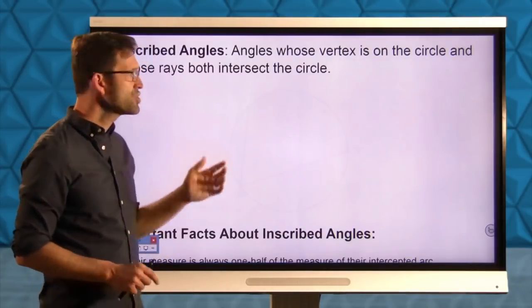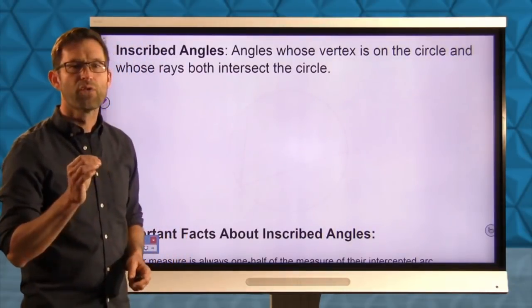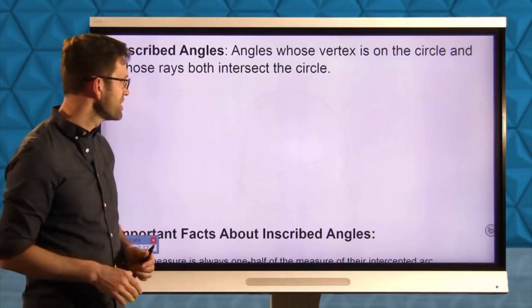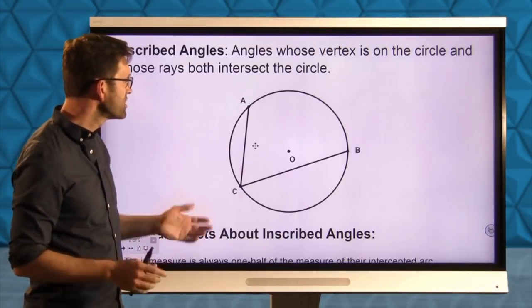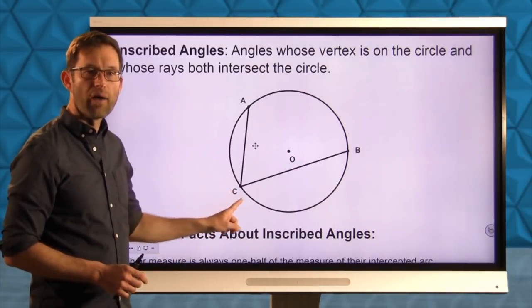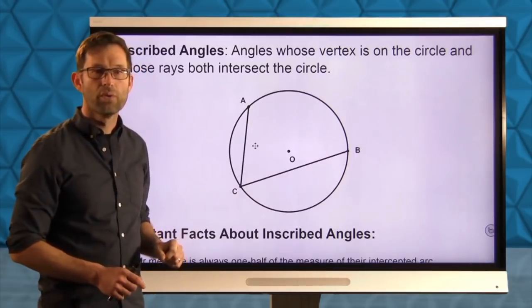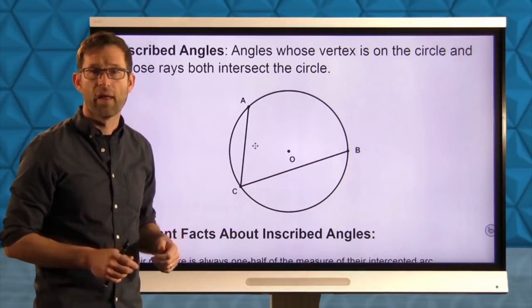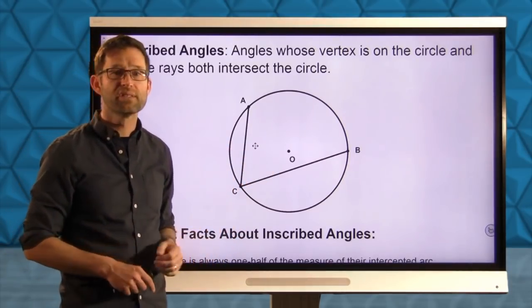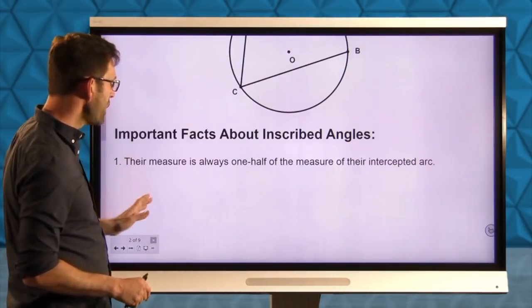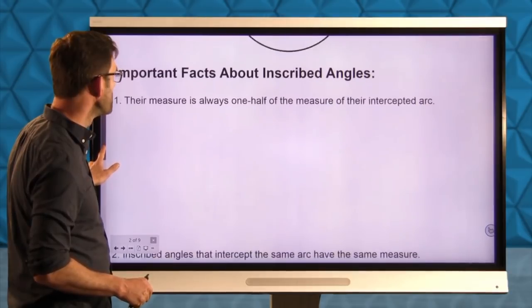All right, inscribed angles. Angles whose vertex is on the circle and whose rays both intersect the circle, right? Simple enough. I've got a circle, I've got a vertex of an angle on a circle, the two rays intersect the circle. That's an inscribed angle, angle ACB or angle BCA. Now, there are some very, very important facts about inscribed angles.